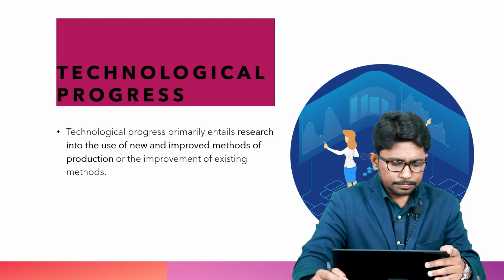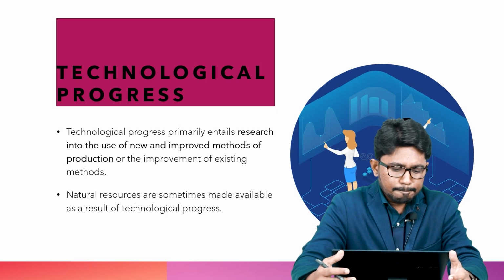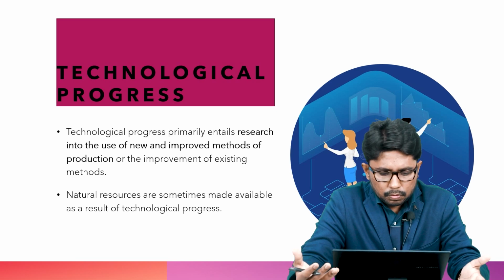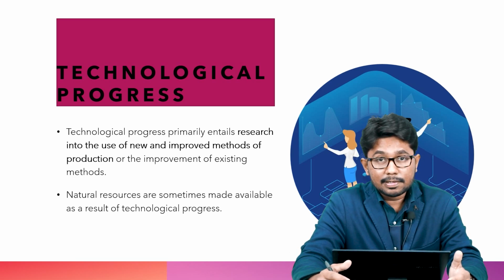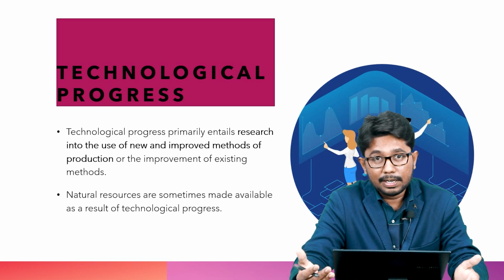Now the third one is technological progress. Like the lecture which we are recording is only possible through this technology. So always remember, technological progress in the society will impact the development of that particular nation.